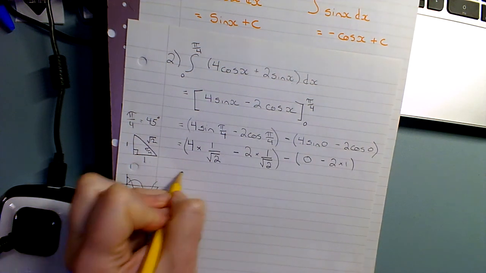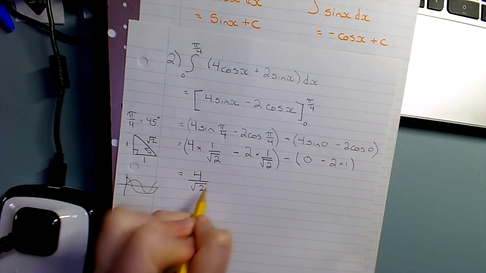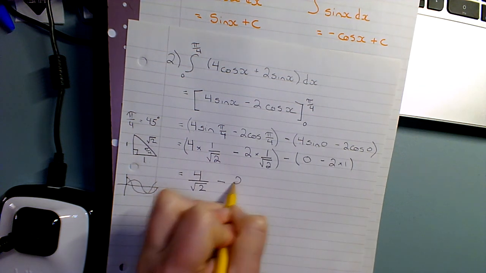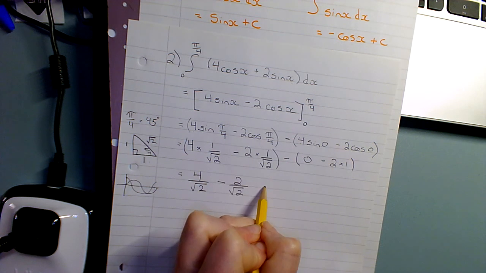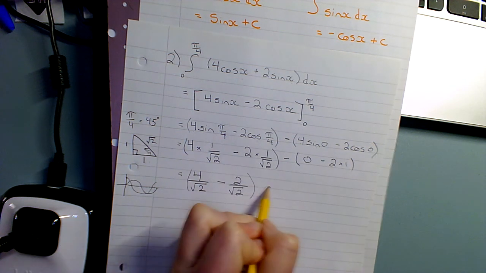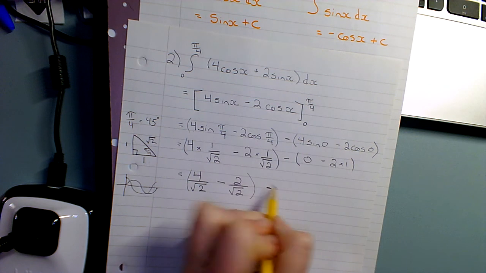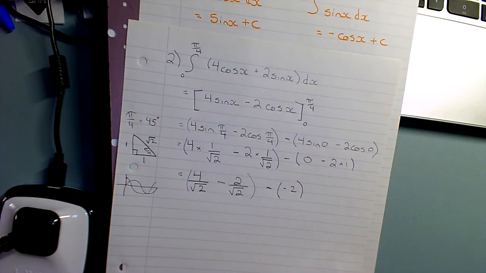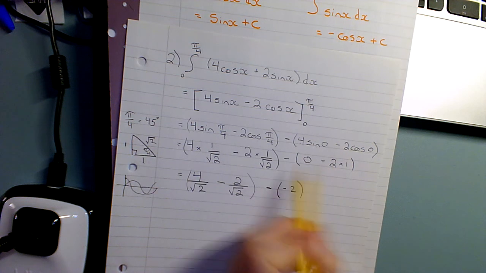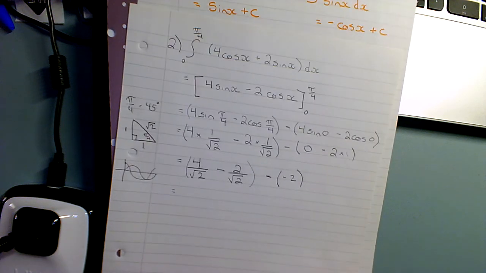So let's simplify this. We have 4 over the root of 2 minus 2 over the root of 2 when I multiply through the brackets, and then all that minus 2. Oh, plus 2 actually, so I'll do negative 2 here, minus negative 2, because within the brackets it's a negative.